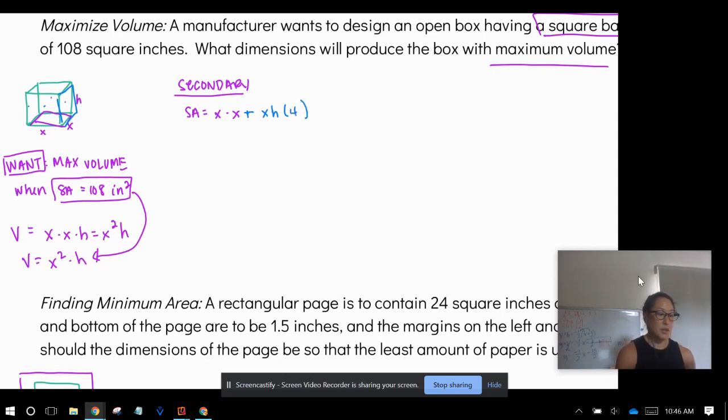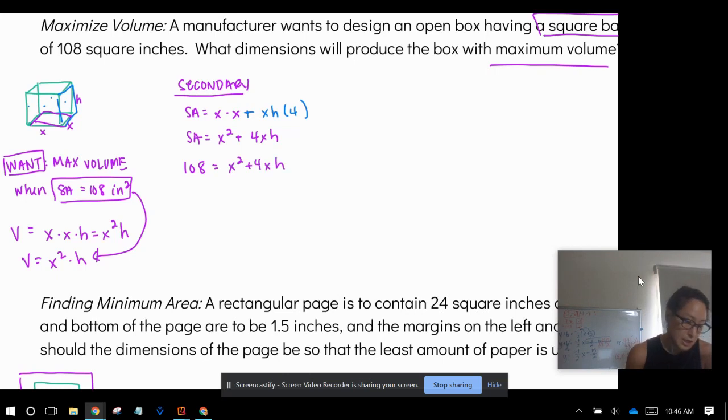We do not include the top because it says it's an open box. So the surface area is x squared plus 4xh, and I remember that the surface area was equal to 108. So 108 equals x squared plus 4xh.